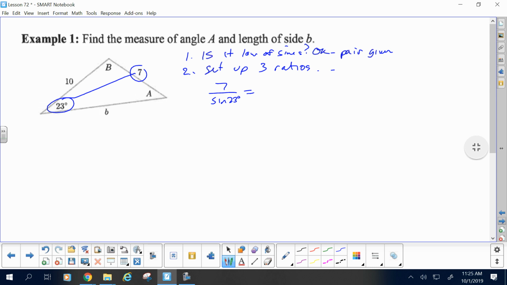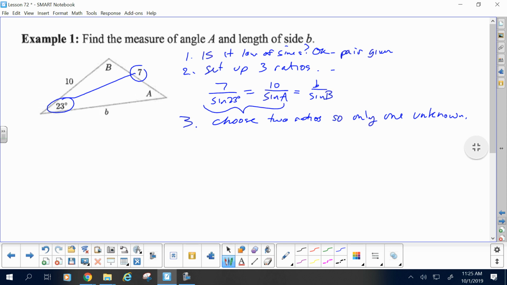Give me another ratio. 10 is to the sine of A as little b is to the sine of big B. Now, in solving, you choose two ratios so there's only one unknown. I certainly wouldn't be using this b over sine of B because I've got two unknowns there. That's too much unknown.